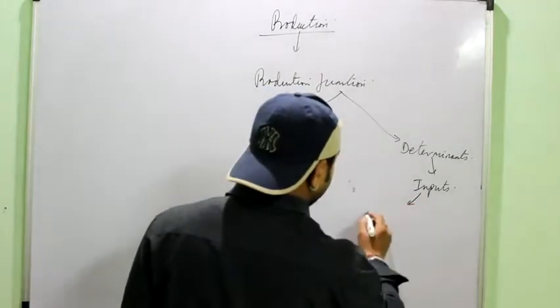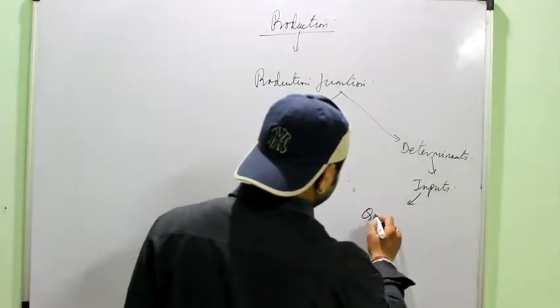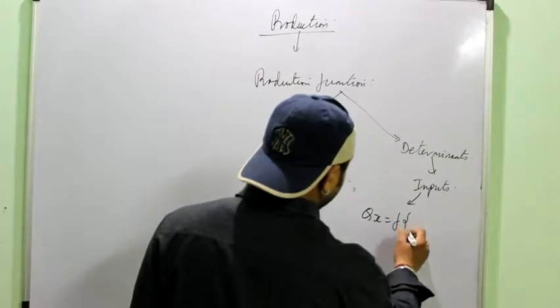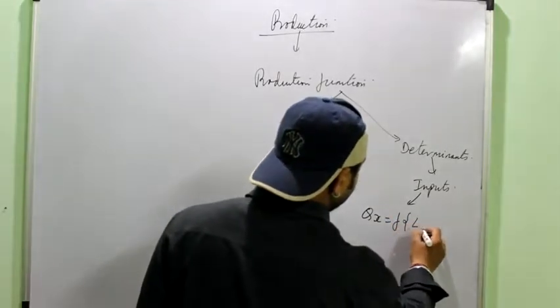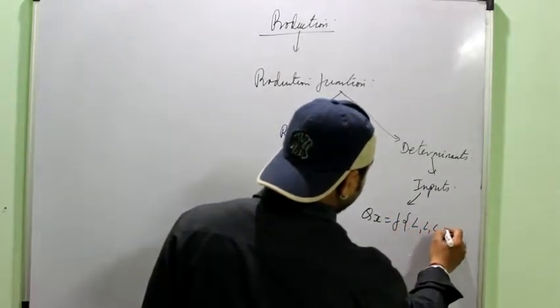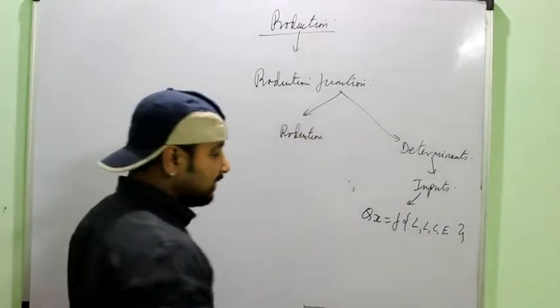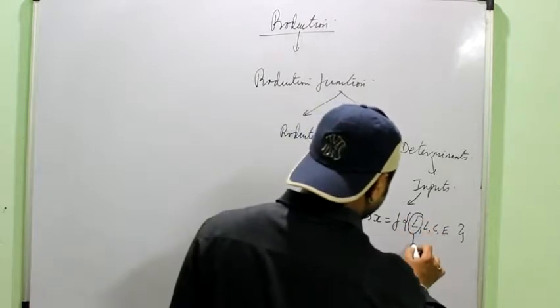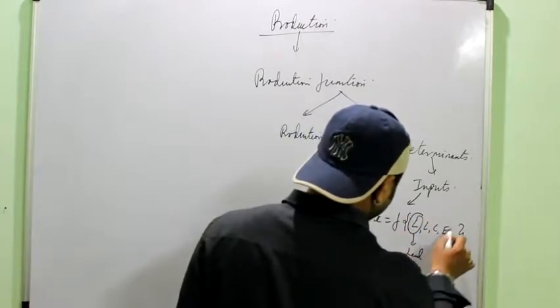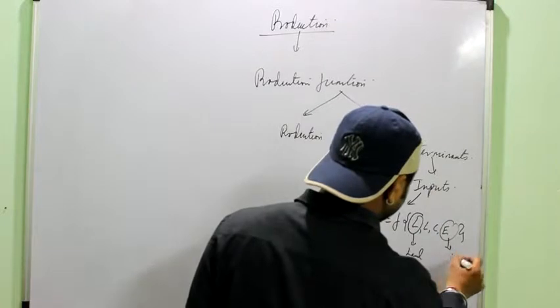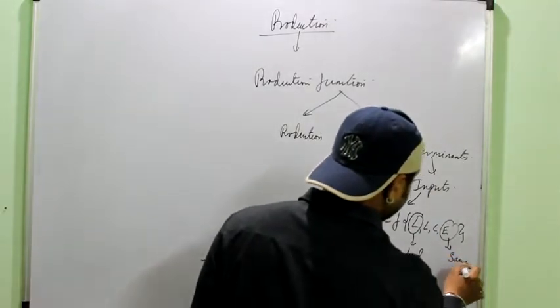These inputs, as we said, so it means that production is the function of land, labor, capital and entrepreneur, right? The determinants. But we consider here that the land remains same and entrepreneur itself is the same person.